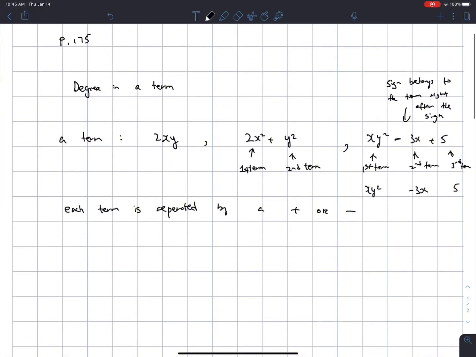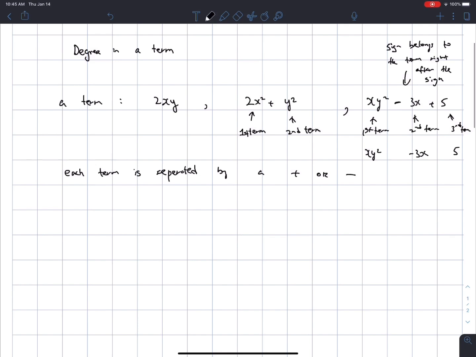So now that you know what a term is, you can use these examples again. These three are just algebra expressions.